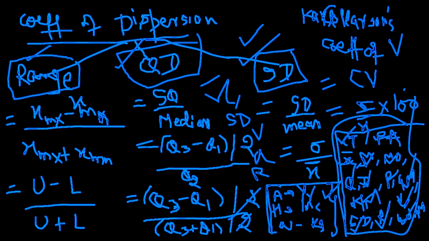When we are studying together, we consider the ratios. If we have different dimensions for the comparison, the ratios are the better indicator for the comparison of our dispersion. Understood? That is why we find the coefficient of variation.